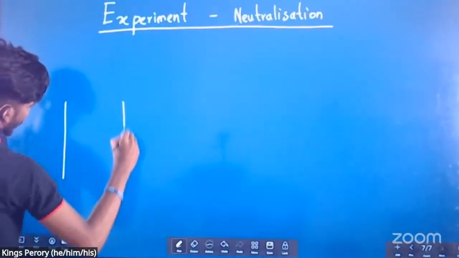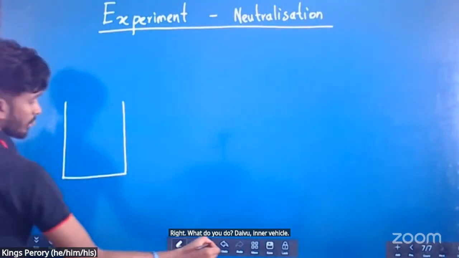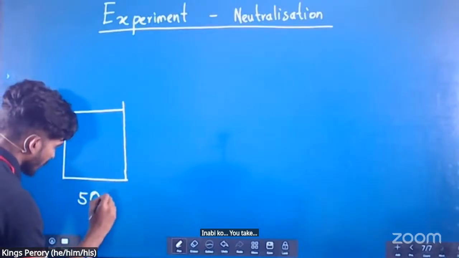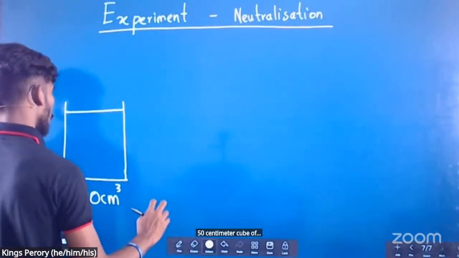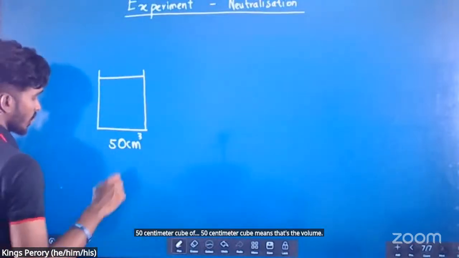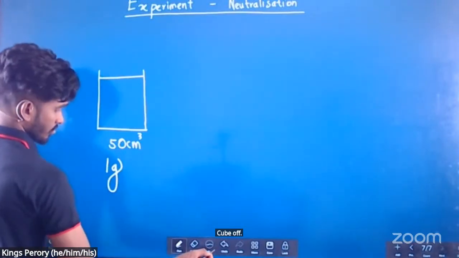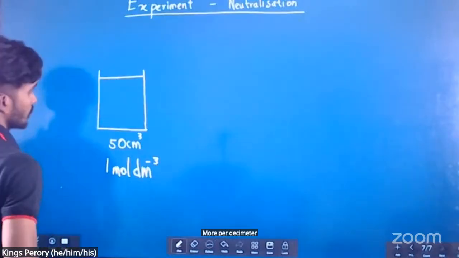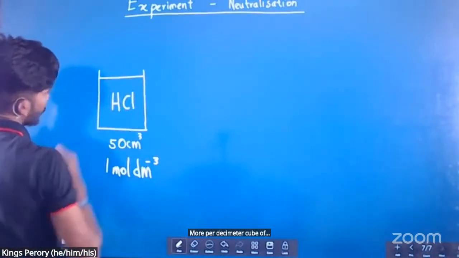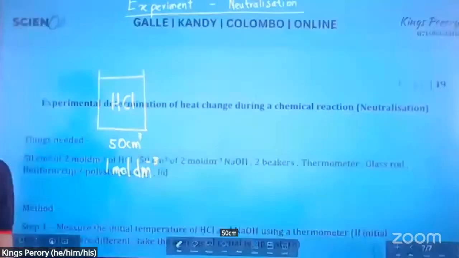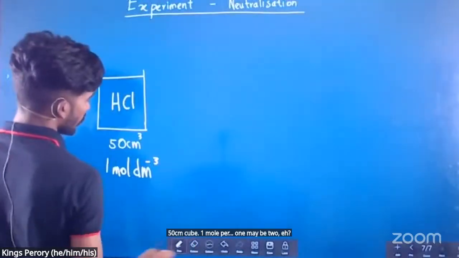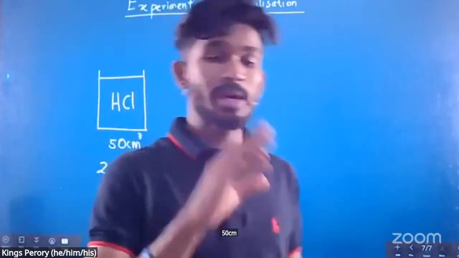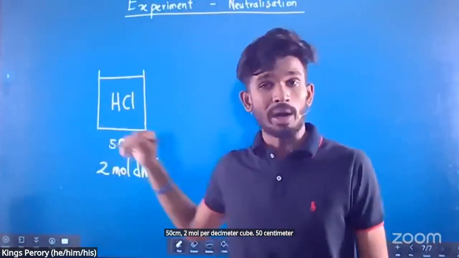In a beaker, you take 50 centimeter cube of 2 mole per decimeter cube HCl solution. 50 centimeter cube is the volume.